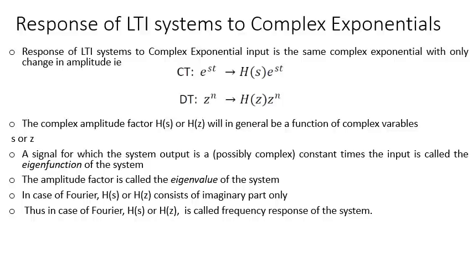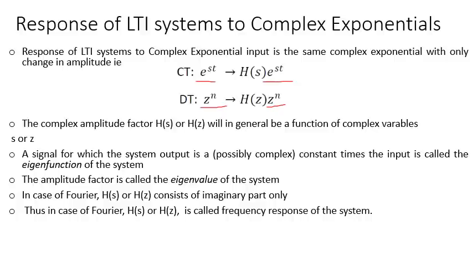Similarly, for the discrete time signal, if the input is z to the power n, then the output is h of z times z to the power n. So that means whatever we give at the input, we get some scaled version of that input at the output.